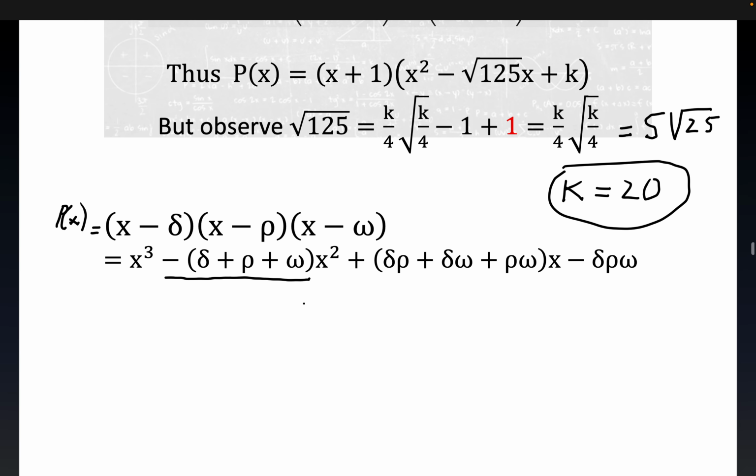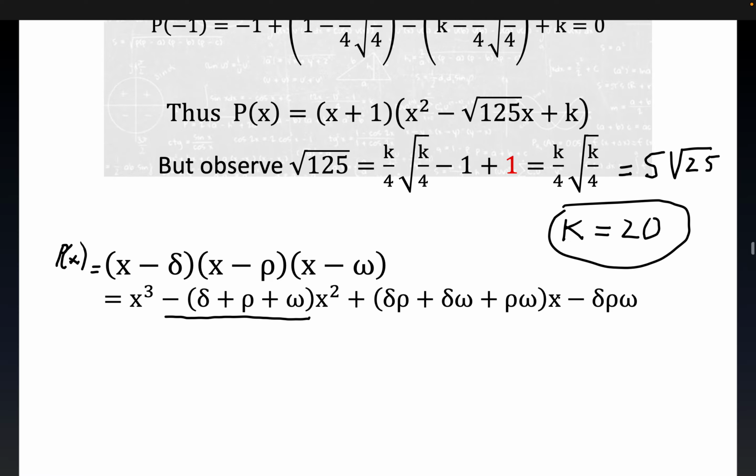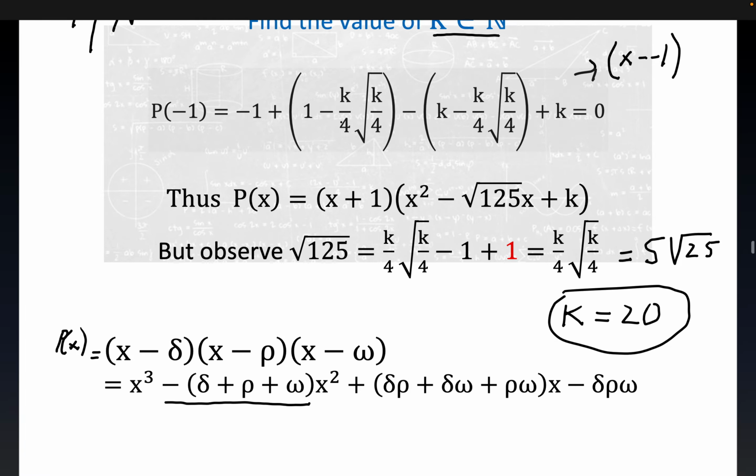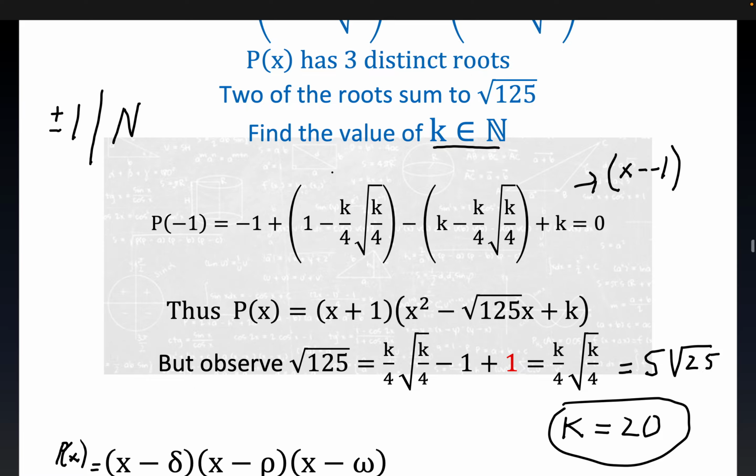I'm not 100% sure, but this expansion here would be the way you would equate the coefficients. You could relate all these roots in their various forms. These are called elementary symmetric polynomials. You could relate them or set them equal. You could equate coefficients just by comparing that with the original problem.